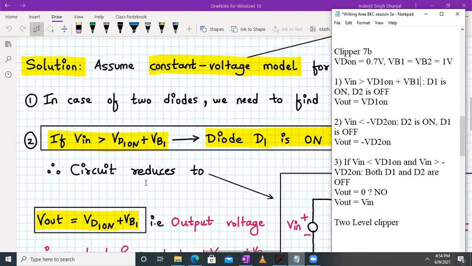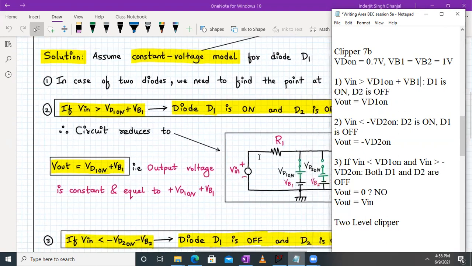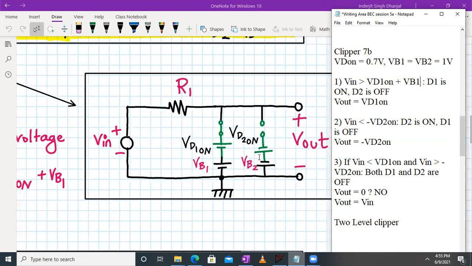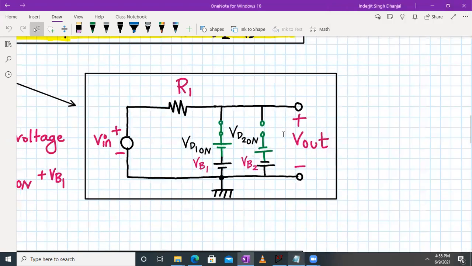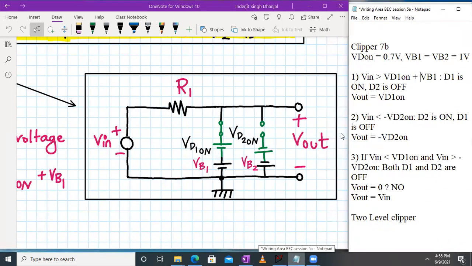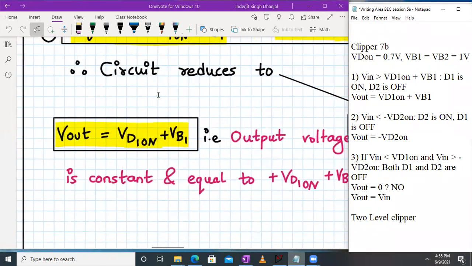During that time, what is my output? If you draw the equivalent circuit, my output will be equal to VD1 on plus VB1.